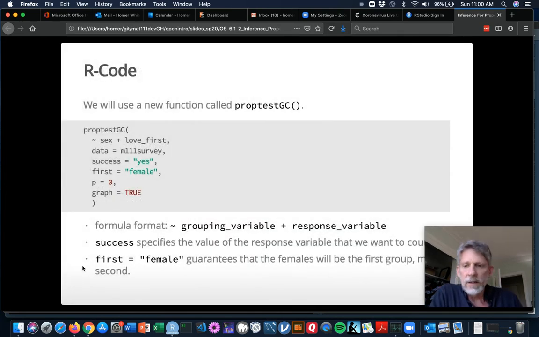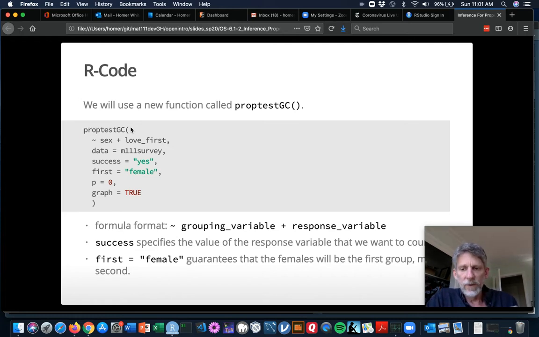So the Clopper-Pearson methods are not available for the difference of two population proportions. There just ain't no such methods. So we're going to fall back on another test, another function in the TigerStats package called proptestGC.